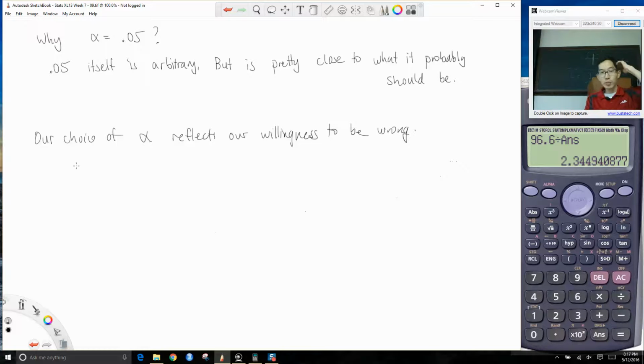So remember, if our p-value ends up less than alpha, we're going to reject the null hypothesis, right? So if our p-value ends up being less than alpha, we say the p-value is small, and we say our data is unlikely to have been a result of random chance.